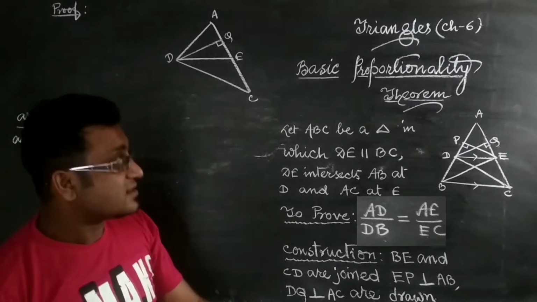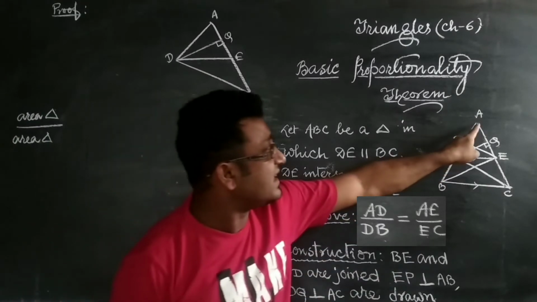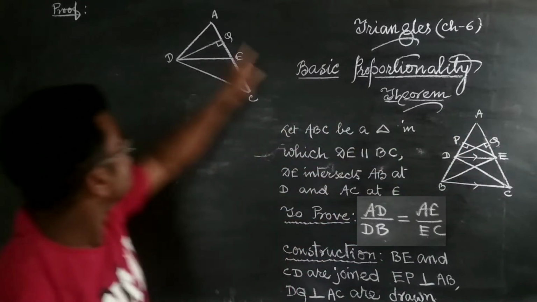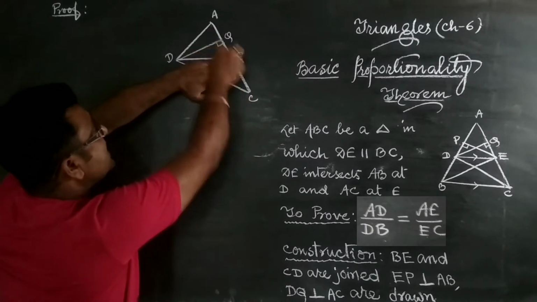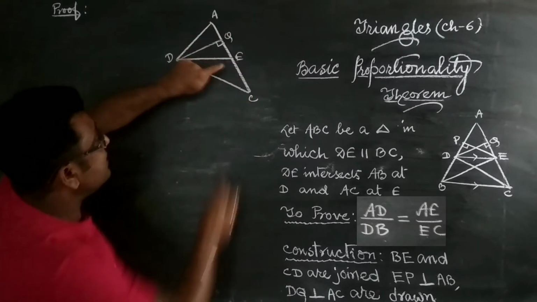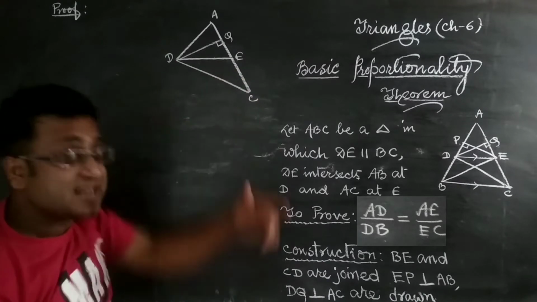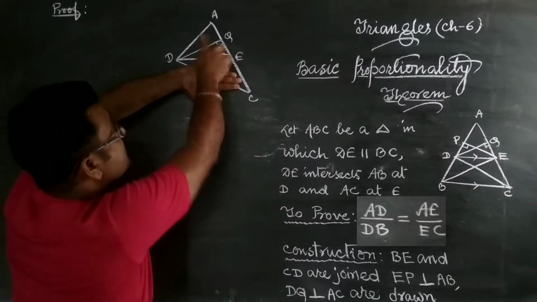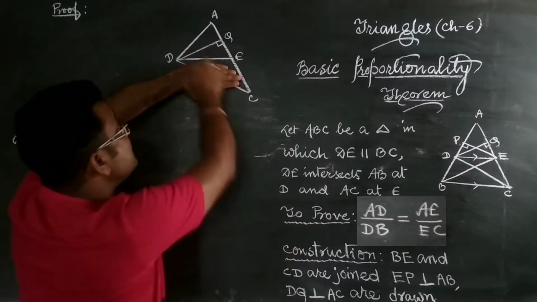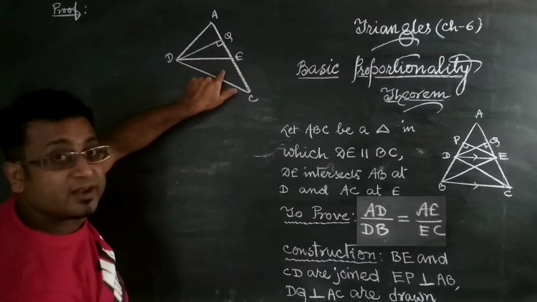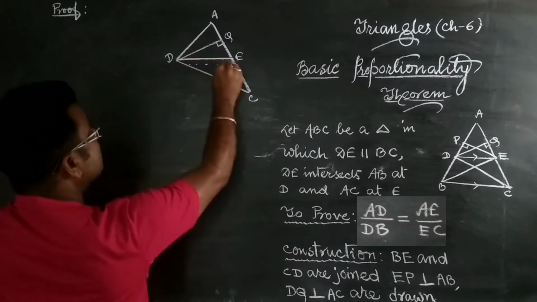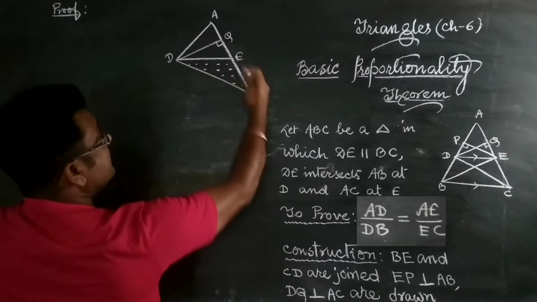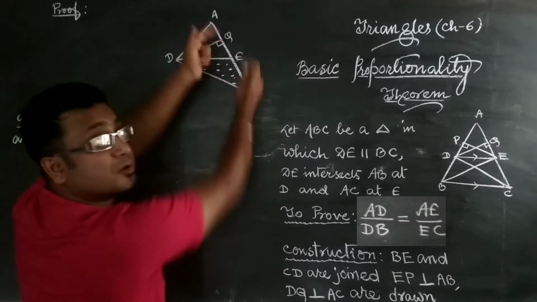Now if I consider the other part, that is triangle ADC, here you can consider one triangle ADE and the lower part DEC. Just like before, for the upper triangle the altitude or perpendicular is DQ, and for the lower triangle also the perpendicular is DQ.